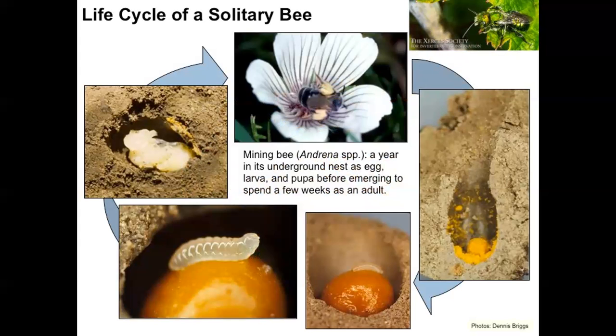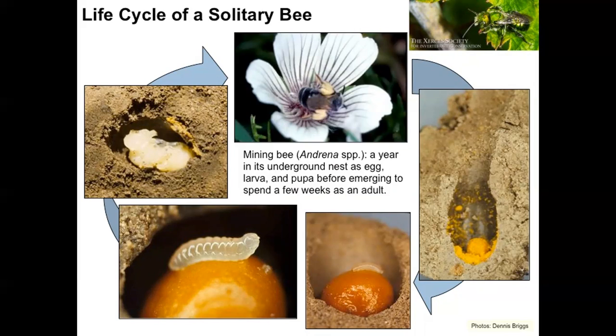Let's talk about the life cycle of these solitary bees. We've talked a lot about our social bees, but what about our solitary bees? Solitary bees usually live for a year, although we only see the adult stage, because we don't see what's happening below ground. These insects spend much of their lives hidden in a nest, going through egg, larval, and pupal stages, so we can't see that happening. When the males emerge from their nest, they usually hang around other nest openings or around flowers to find a mate. And after that female emerges, she mates.